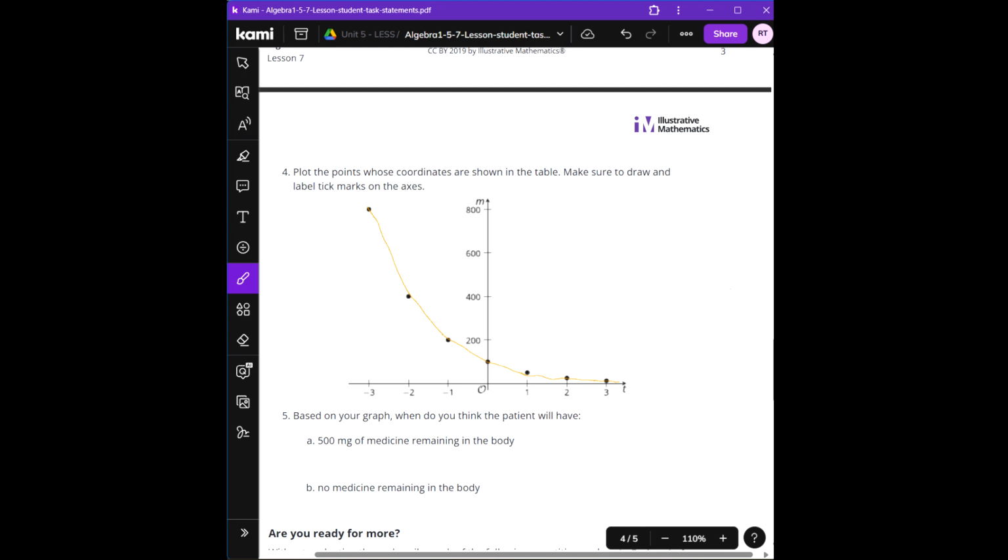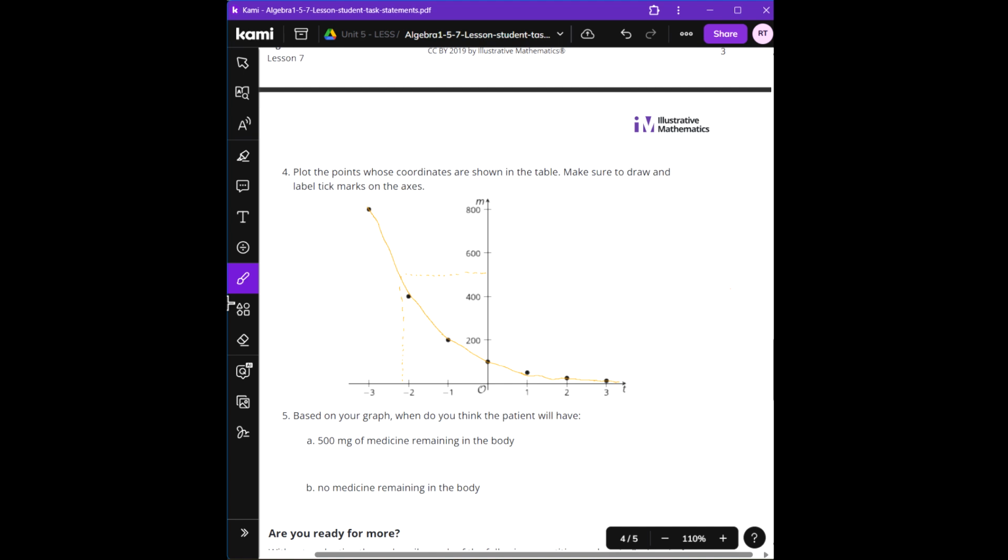So this is just going to be estimating, and we're looking for 500 milligrams. That's going to be about here, and then we're going to come down.